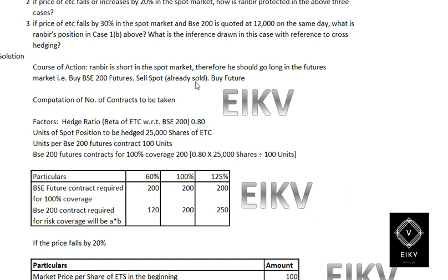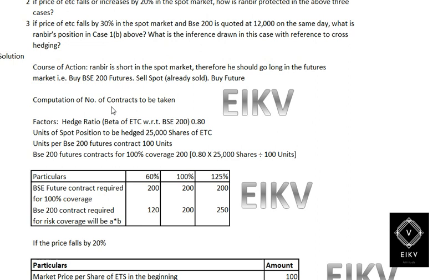Sell spot already sold, buy future. So sell spot has already been done, right? We have already sold 25,000 shares of ETZ Limited. So now we need to buy future to compensate if there is any loss, to compensate the entire position if the market has changed around.